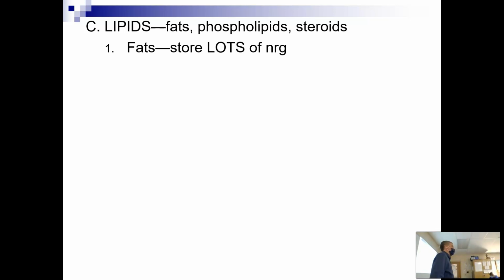which fats you probably already know are kind of the ultimate energy storage for living things. It's how we deal with large quantities of energy. We package them up in this complicated chemical package called triglycerides. That's the other word for fats, triglycerides.